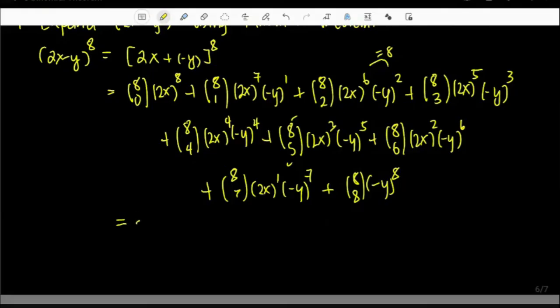So, that's 256 x^8. The next term, we have the negative y factor raised to 1. So that will give us a negative coefficient. So 8 taken 1 is 8 times 2 to the 7. So that gives us 1024 x^7 y.